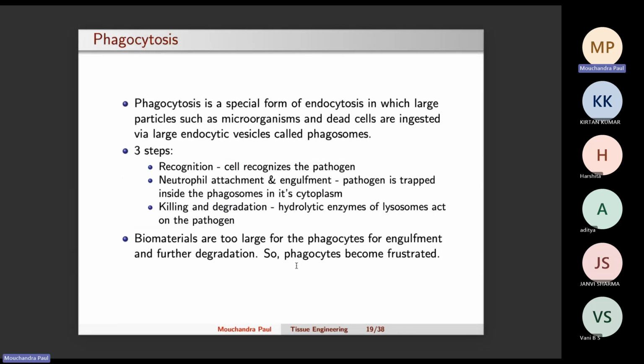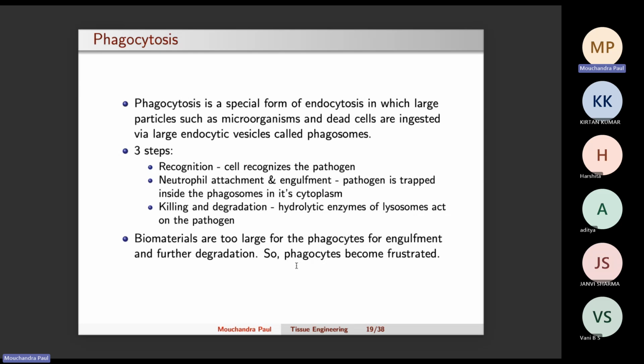Then phagocytosis. What is phagocytosis? I've uttered this term so many times till now, just to tell you that it is a process that is engulfing. But how does the engulfment happen by these macrophages? Now we will come to know that. So phagocytosis is a type of endocytosis.